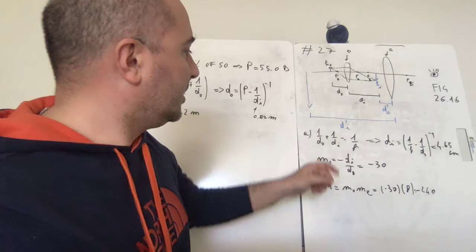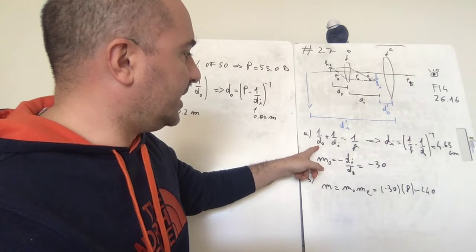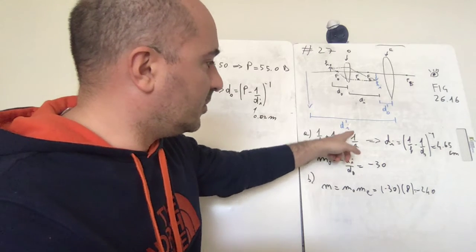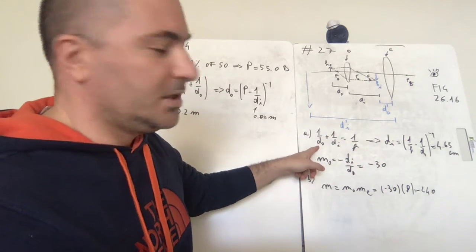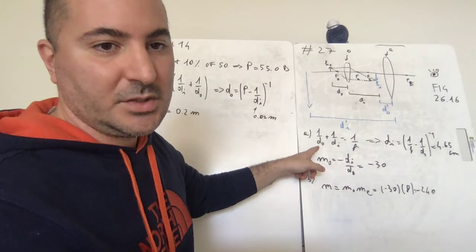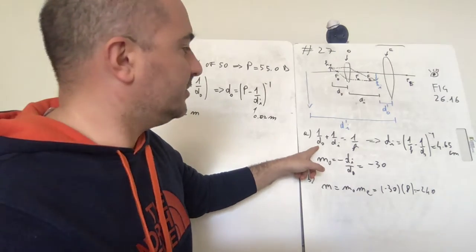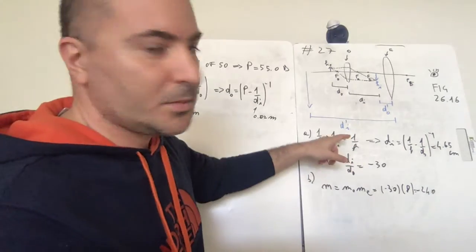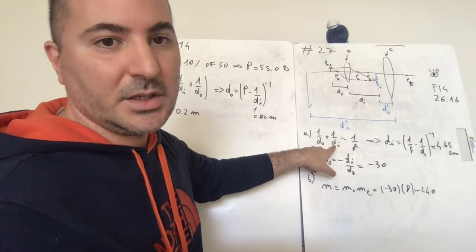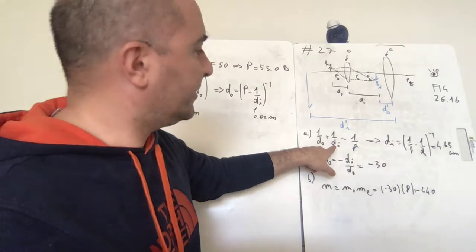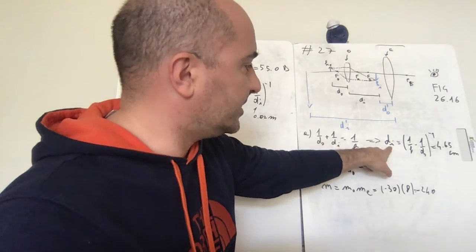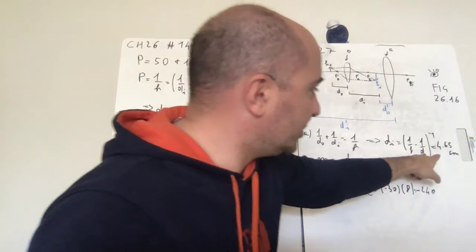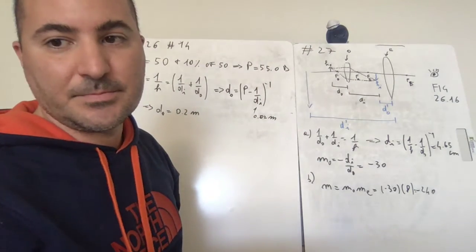So we have the thin lens formula, 1 over DO plus 1 over DI equals 1 over F. We've been given the distance of the object, which is 0.155 centimeter, and we have been given the focal length. We want to find the distance of the image, this distance here. If you plug in the numbers, you get 4.65 centimeters.